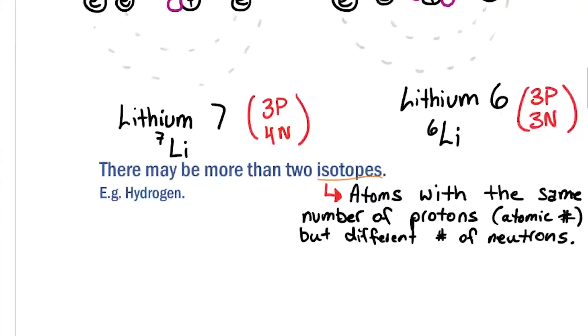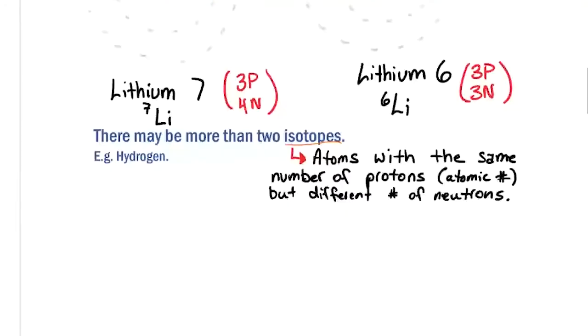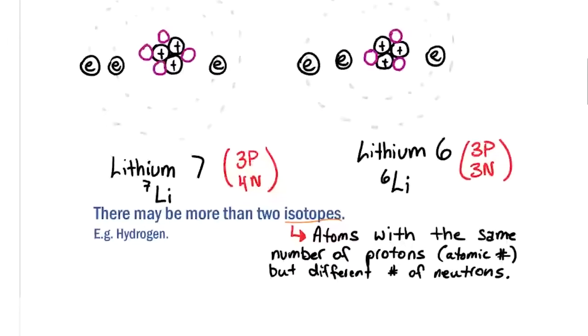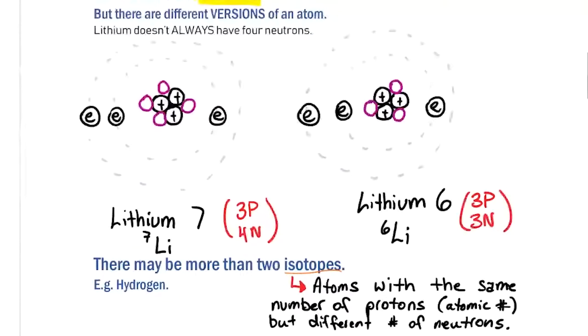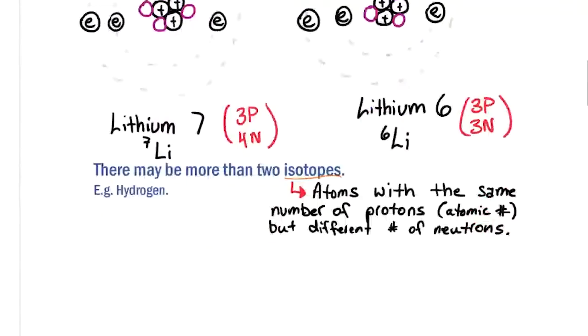So any atoms that have the same number of protons but have a different number of neutrons. So lithium-7 and lithium-6 are isotopes of one another. Lithium has two stable isotopes, lithium-7 and lithium-6. One of those isotopes has 4 neutrons and the other has 3 neutrons. Both of these exist in nature, both of them are real.